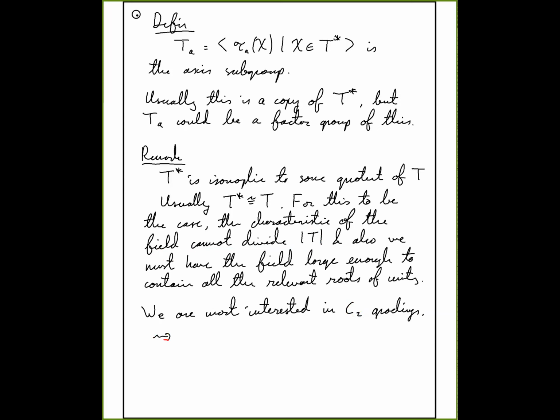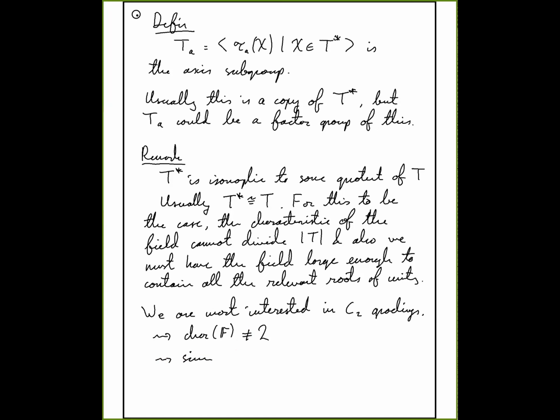So we can't have characteristic 2. So the characteristic of my field, I want to not be equal to 2. And then if it's not 2, I need square roots of unity. And the only square roots of unity are 1 and -1. And those are in all fields of characteristic not 2. So that's fine.